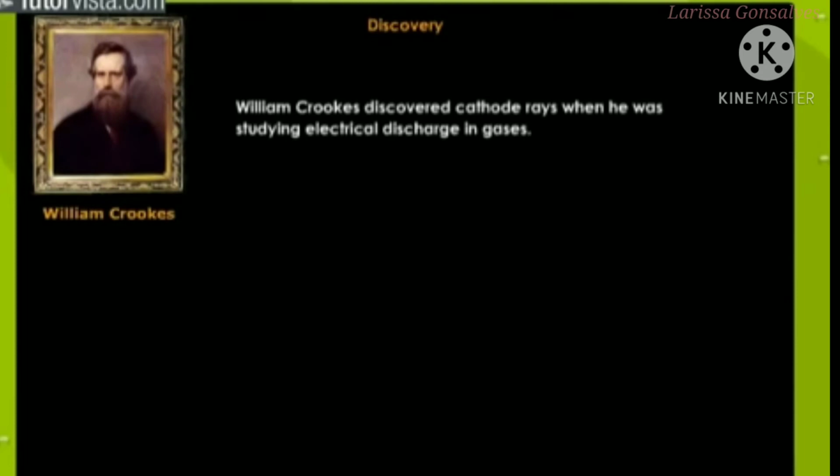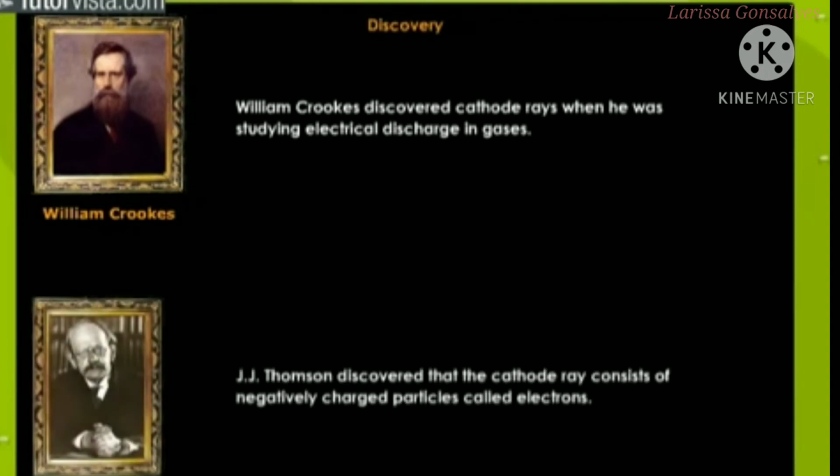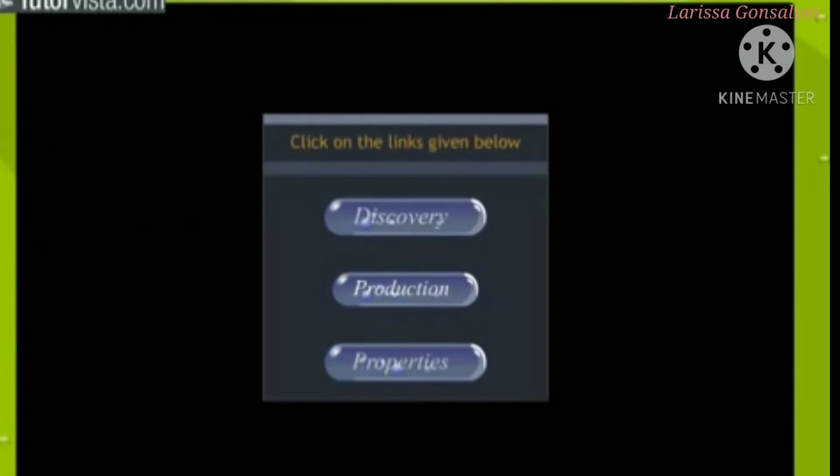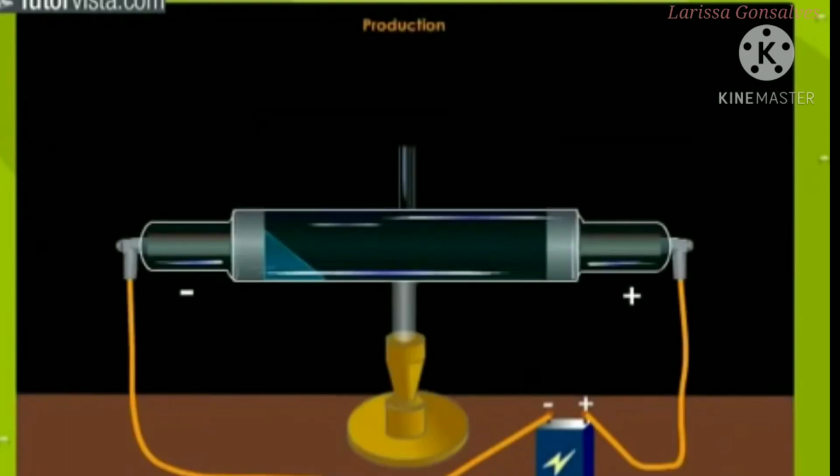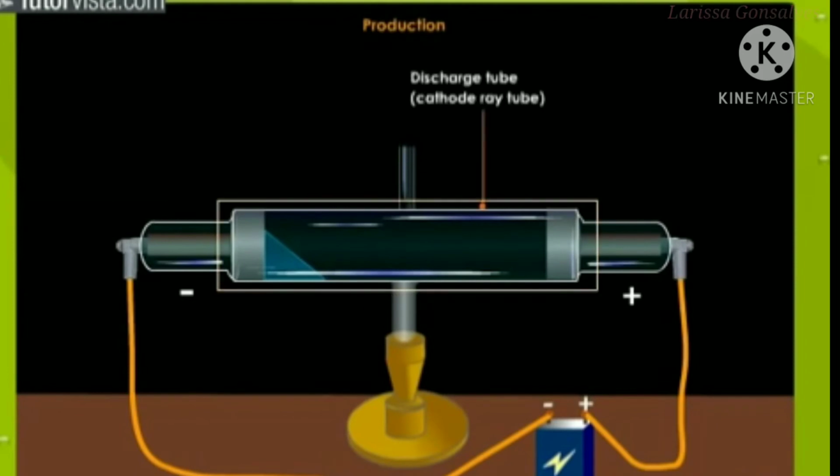Discovery. William Crookes discovered cathode rays when he was studying electrical discharge in gases, whereas J.J. Thomson discovered that the cathode ray consists of negatively charged particles called electrons. Production. Cathode rays are produced in a discharge tube.